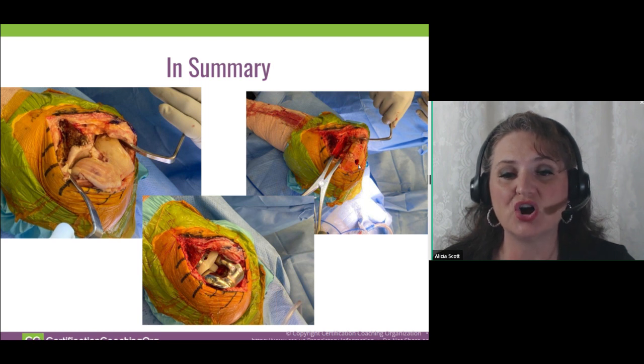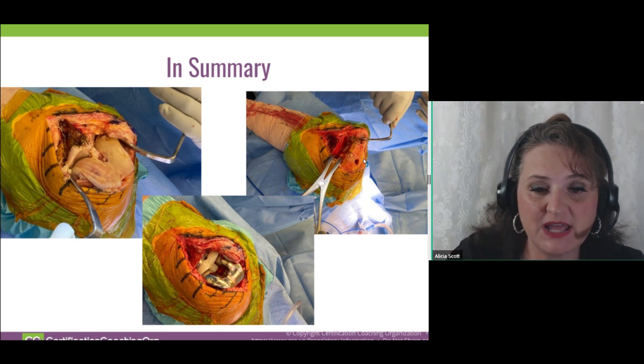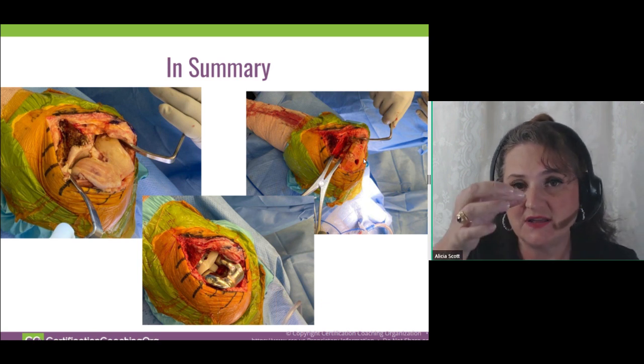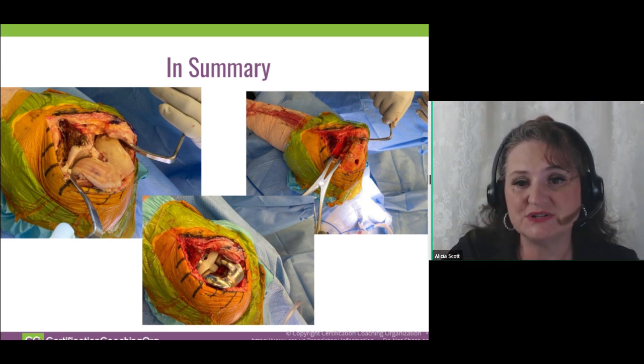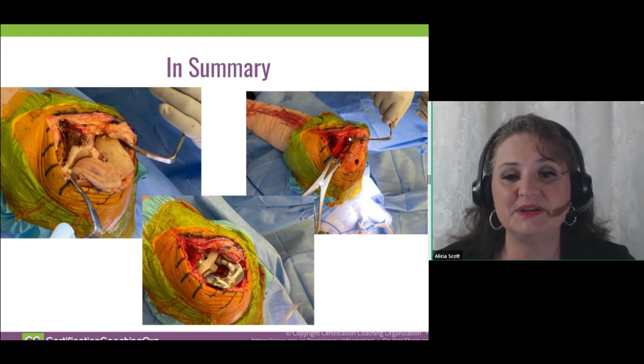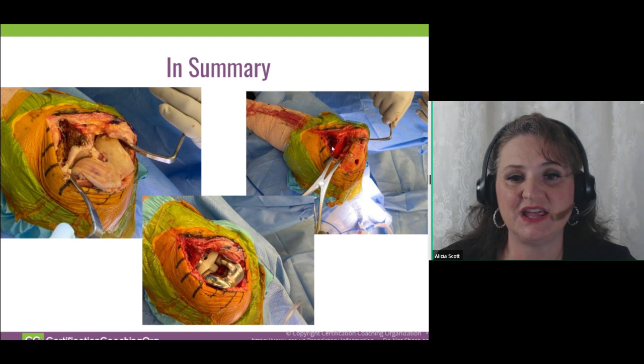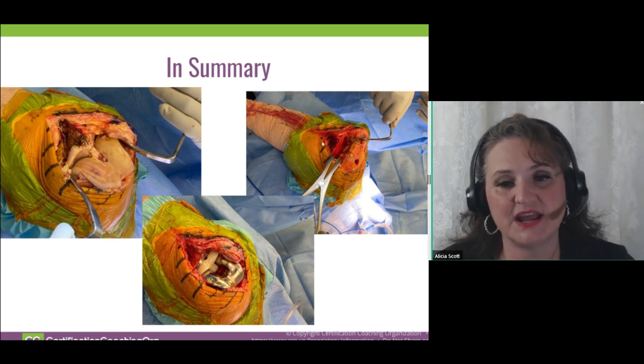And notice the large bore hole so that it can be placed down into that metal plate that goes into the tibia. So this is the tibia down here. You notice this is the end of the leg. This right here is the, I'm sorry, I'm saying that incorrectly. This is the tibia. This is the femur. Because notice there's the end of the leg. So this is upside down.